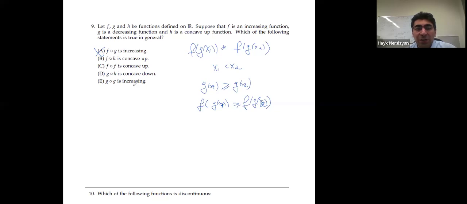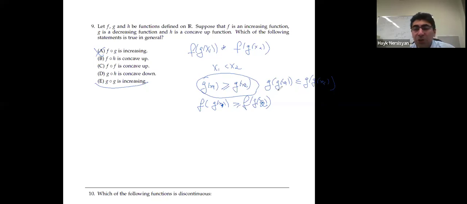Let's check G as well, and then we will turn to concavity. What can we say about G composition with G? So we know this is true. Applying G again, we can say G(G(x1)) is smaller or equal than G(G(x2)).